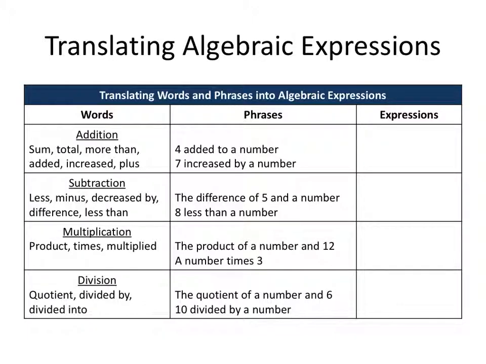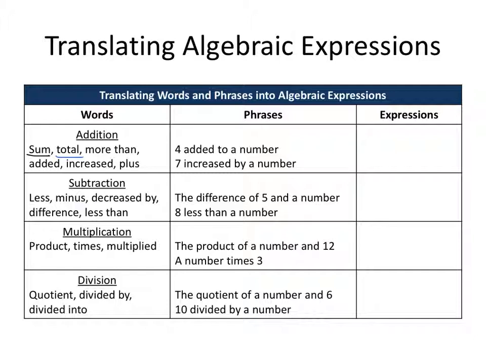So make sure that we understand basic terminology that we come across in an English statement or phrase using words. Within the four separate operations, addition, subtraction, multiplication, and division, there are key words that we need to make sure we're familiar with. In addition, if you see the word sum, that's going to indicate addition.